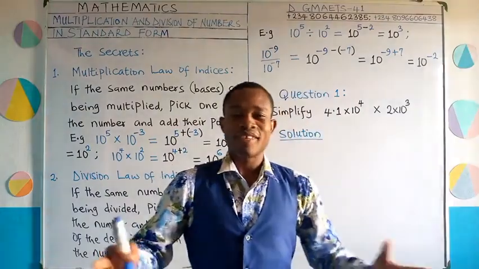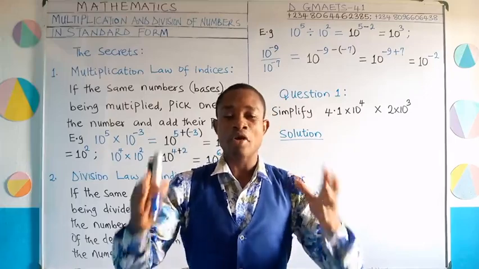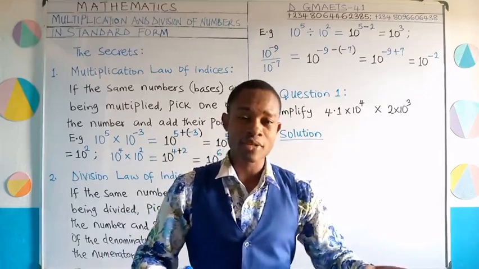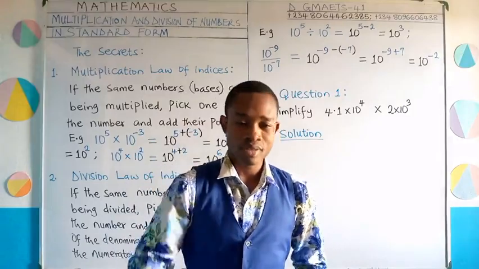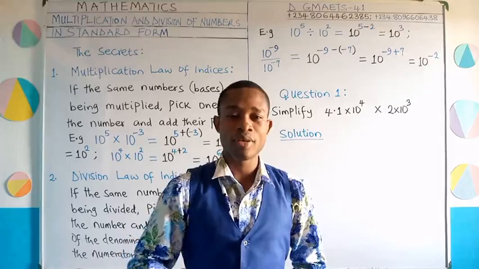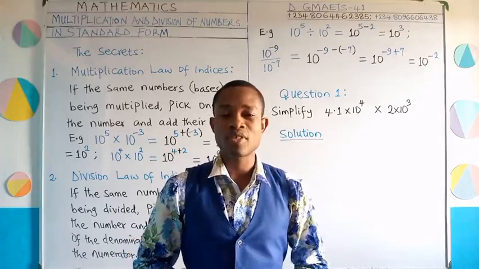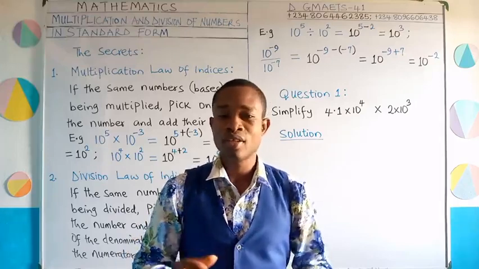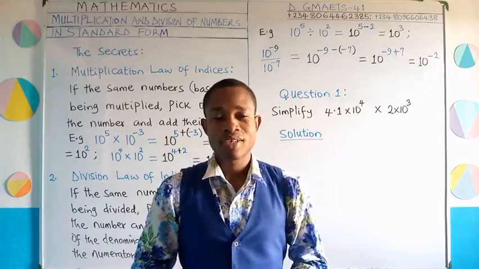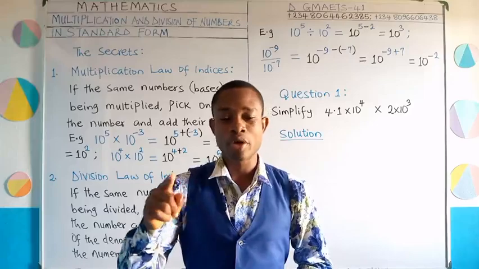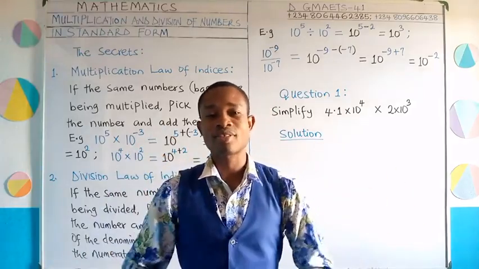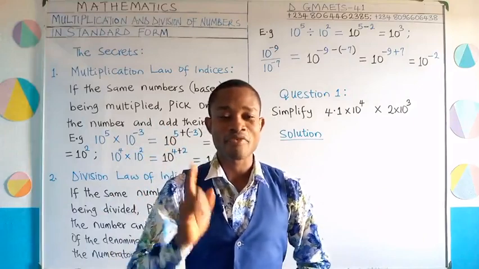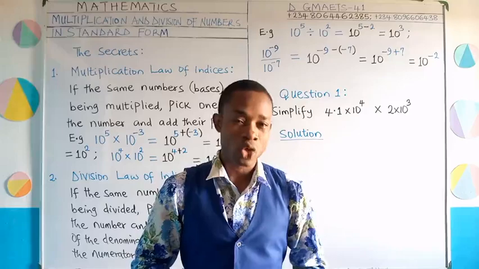I mentioned that the powers of 10 of these numbers you want to add or subtract must be the same, must be equal. So if a question is given to you and the powers of 10 are not the same, of course you are expected to move points in order to make the powers of 10 the same. Then you are free to add and or subtract.